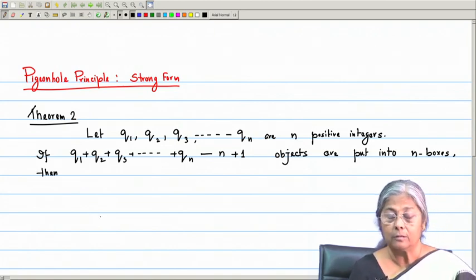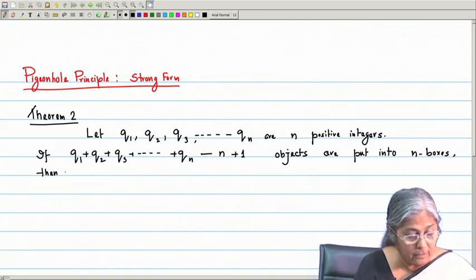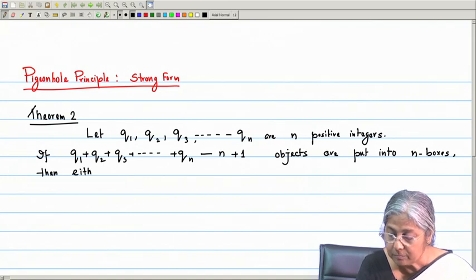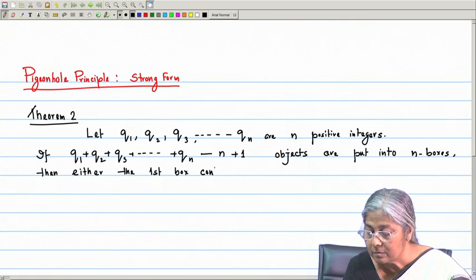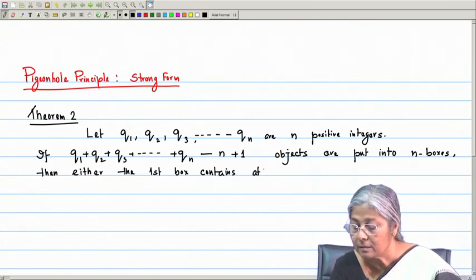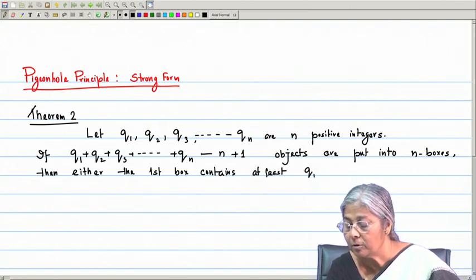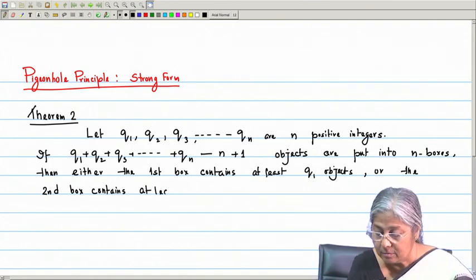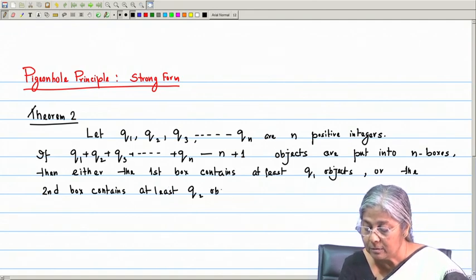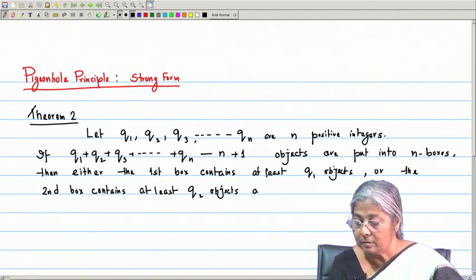Then the theorem tells, the strong form of the Pigeonhole principle, that either the first box contains at least q1 objects, or the second box contains at least q2 objects, and so on.